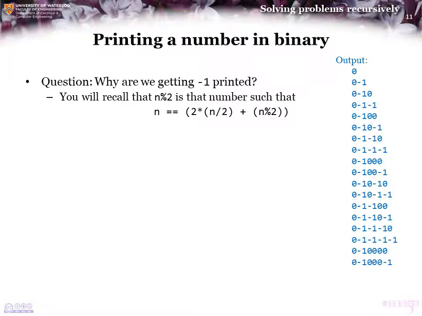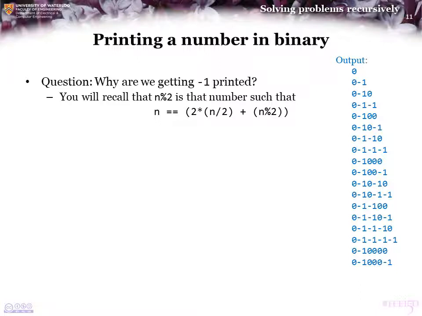Well, you may not recall from a while back, we actually indicated that n modulo 2 is that number such that this equation is always true. So n is always equal to 2 times n divided by 2 plus the necessary remainder to bring us back to n.